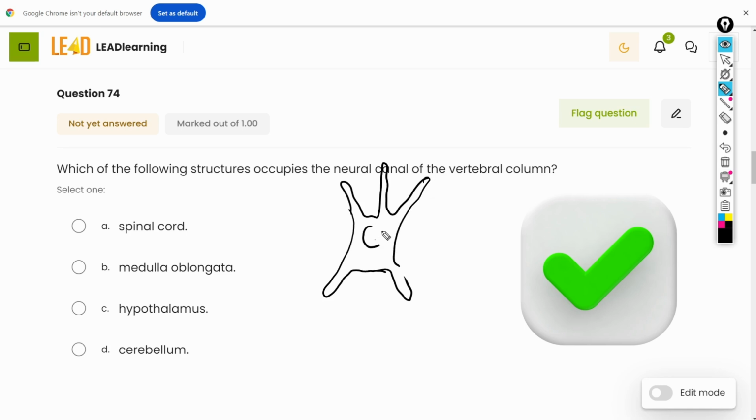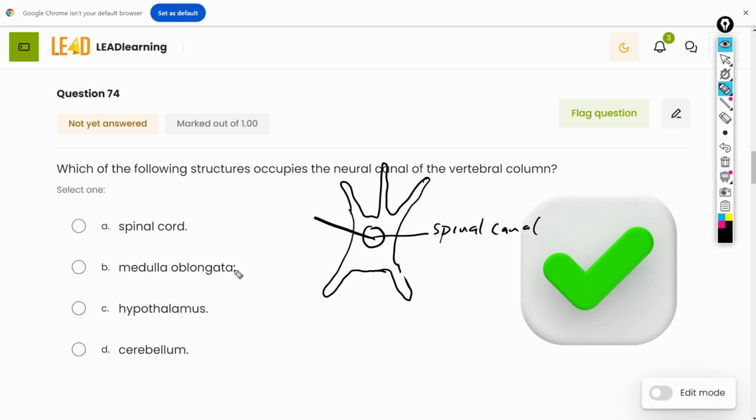The neural canal is the hole, also called the spinal canal, because that hole is the hole through which the spinal cord passes through the vertebral column or the backbone. So which of the following structure occupies the neural canal is the spinal cord.